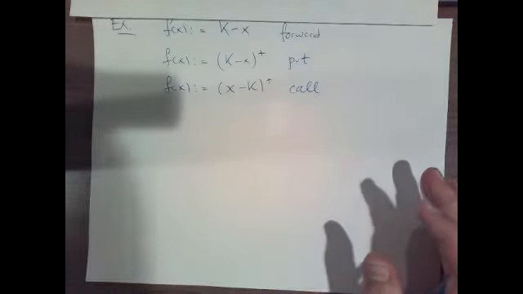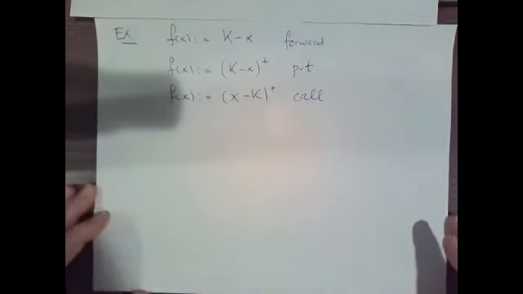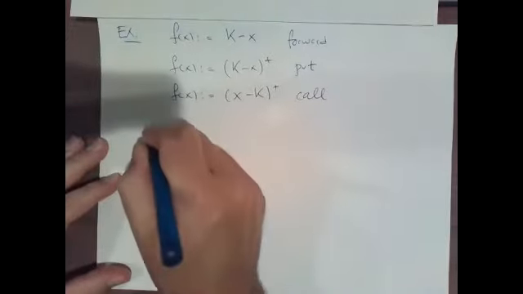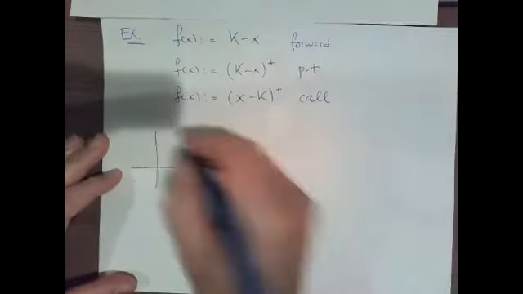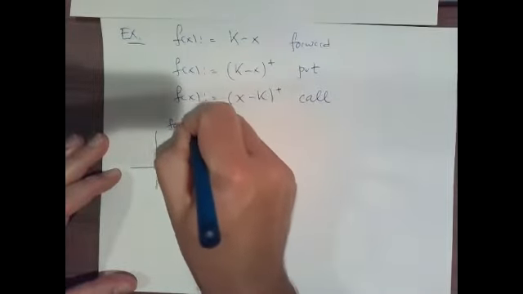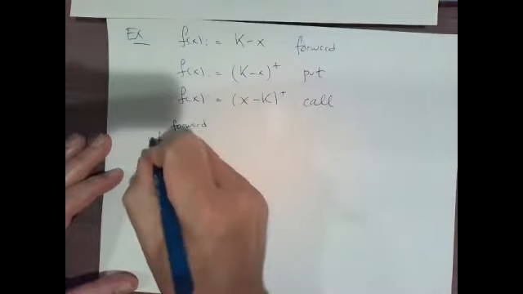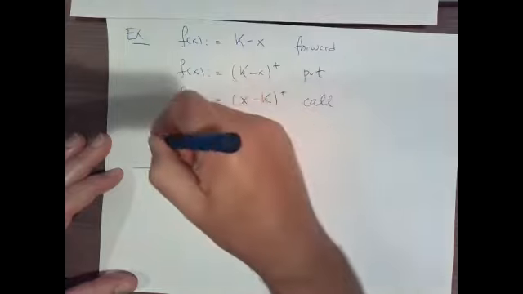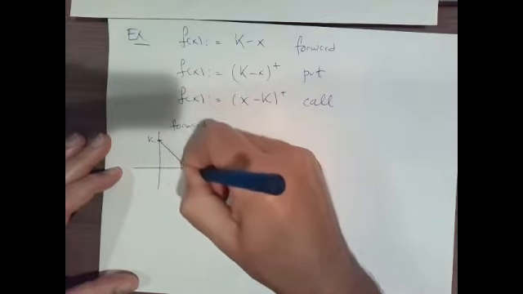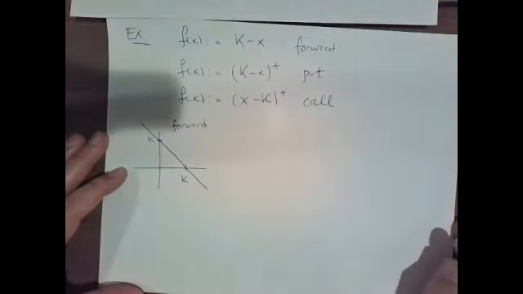And you can see, maybe it's not obvious, but if I look at the three pictures, the forward has k minus x, so if k is up here, then x is equal to 0, you get k, so it's a straight line that moves down. It looks like this. So it cuts right here.